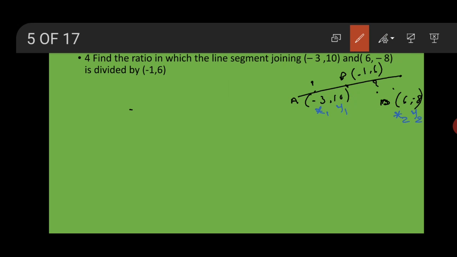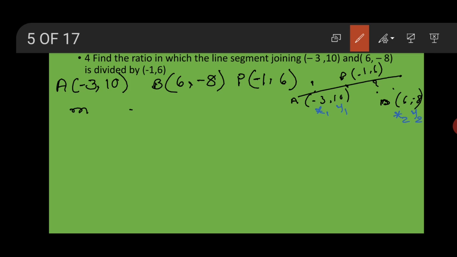So write down. This is x1 y1, let it be x2 y2. Right, now here I will write one by one. Point A is (-3, 10), and point B is given (6, -8), and point P is also given (-1, 6). So we have to calculate M1 is to M2. Take this as x1 y1.